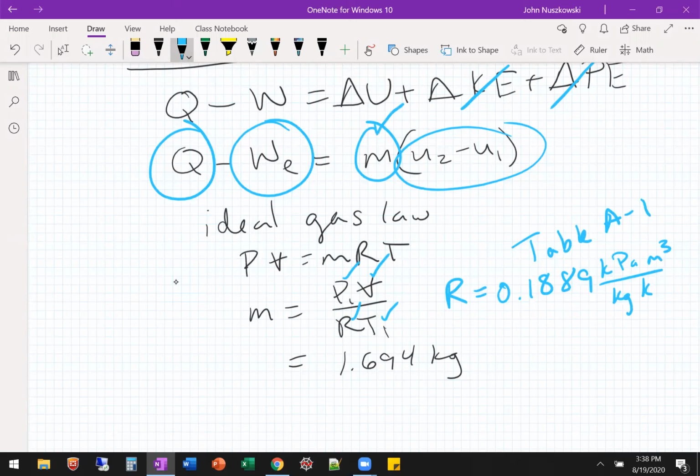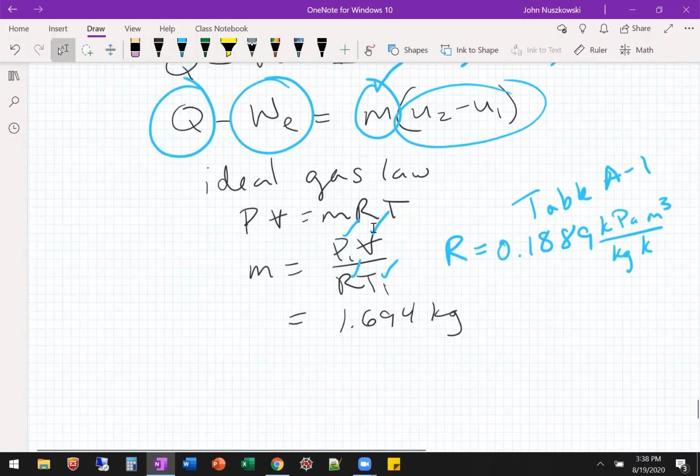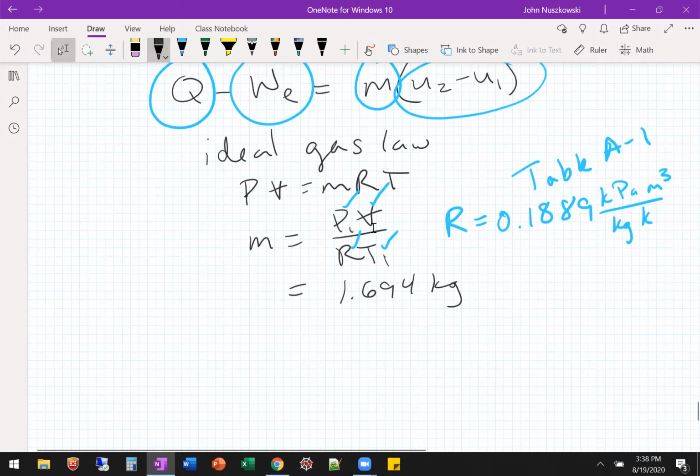How do we get electric work? They gave us electric power in this problem, so how do we get the work? We just use the rate times time, because they gave us a constant value for the rate, so that rate's staying the same over that whole time.